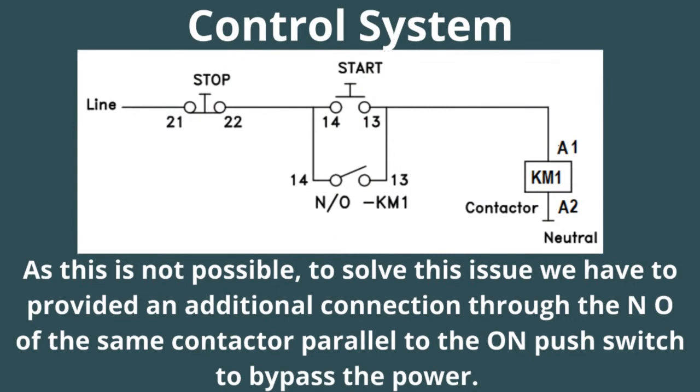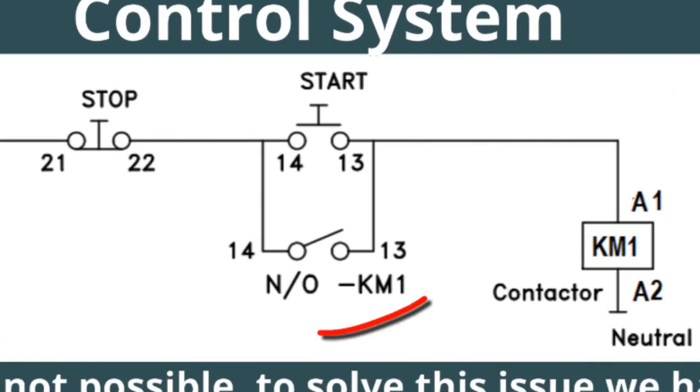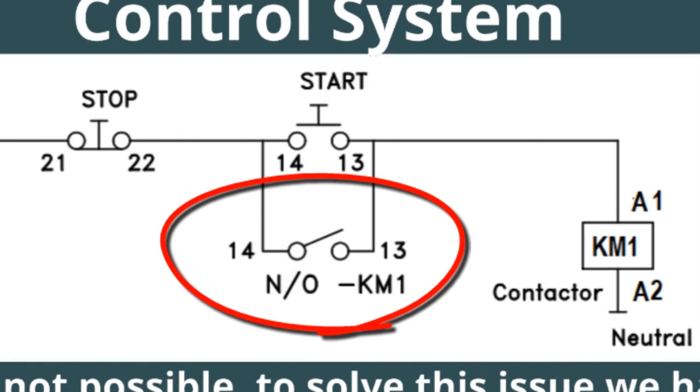As this is not acceptable, to solve this issue we have to provide an additional connection through the NO contact of the same contactor, parallel to the on push switch, to bypass the power.